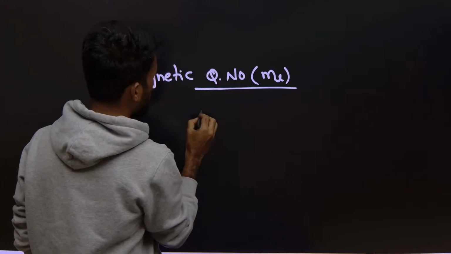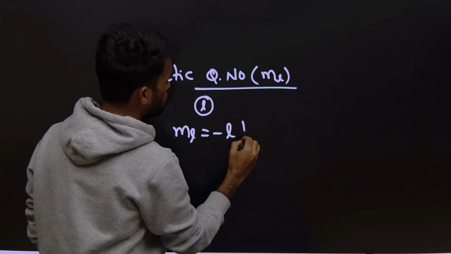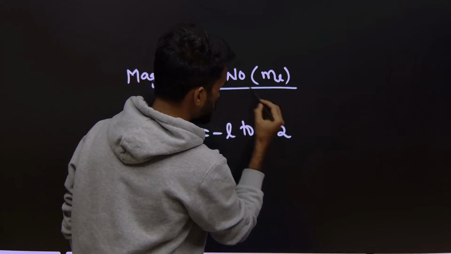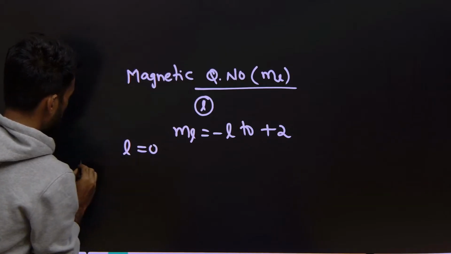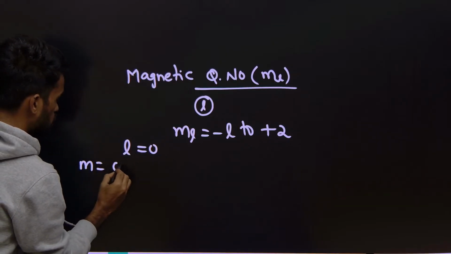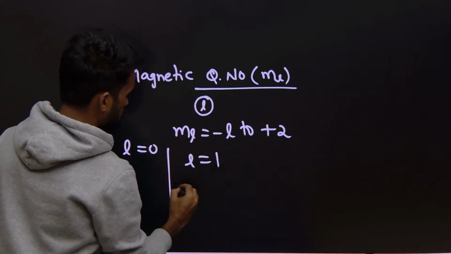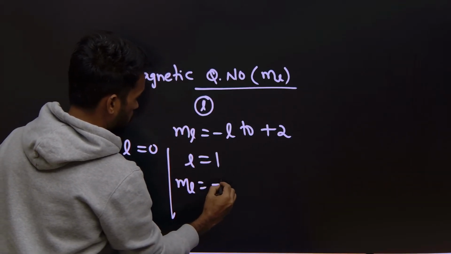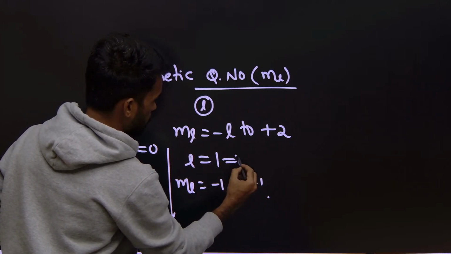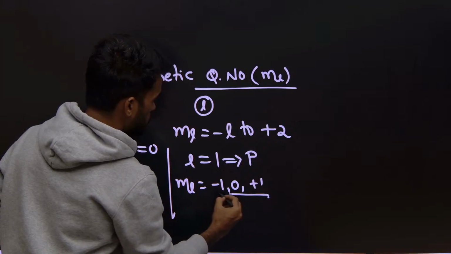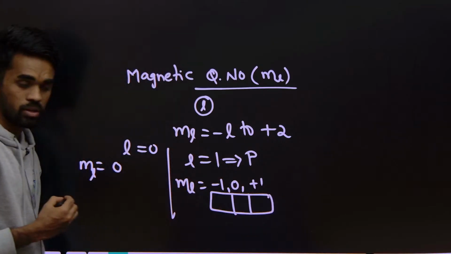So for a particular L value, ML values lie from minus L to plus L. For example, L equals 0, ML will also be 0 only. For example, L equals 1, then ML values will be minus 1, 0, plus 1. L value 1 means p orbital, that's why we have 3 p orbitals: minus 1, 0, plus 1.